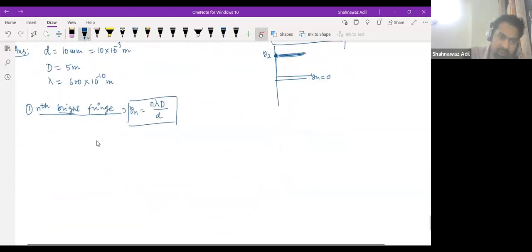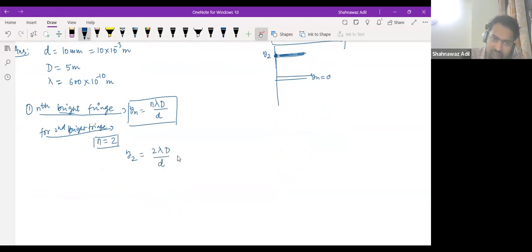So for the second bright fringe, n is how much? That is 2. So y2 would be 2 lambda D by d. Everything we know.